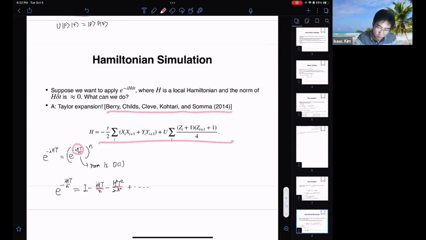And if the norm of this thing is chosen to be order 1, then in order to get an approximation of, let's say, error epsilon, it suffices to truncate this to an order that scales almost logarithmically with 1 over epsilon. So this way, you can try to perform the Hamiltonian simulation. I haven't told you all the details yet, but this is the basic idea.